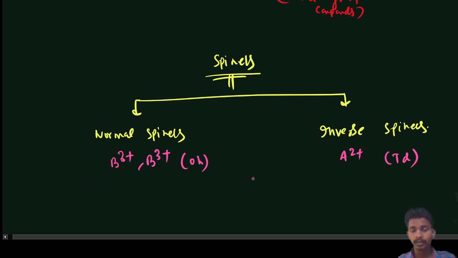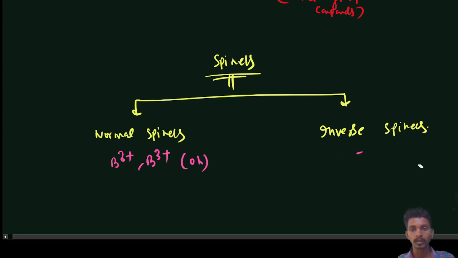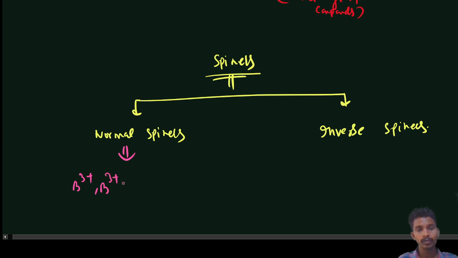For normal spinels, B3+ and another B3+ have to be at octahedral sites, and A2+ has to be at the tetrahedral site. So this case is the normal spinel.